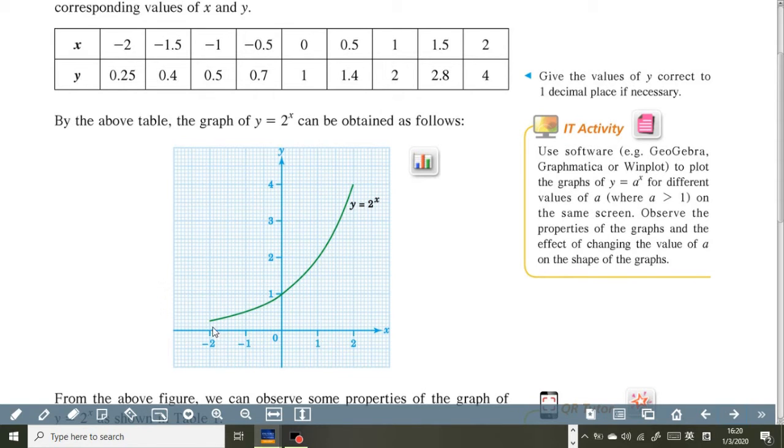You find that it is the first point, second point, third point, fourth, and the fifth point. And then the 6th, 7th, 8th, and 9th points are also plotted. After you plot the 9 points, you can use a freehand curve to connect them. You will have the shape just like this graph. It's just like a line.